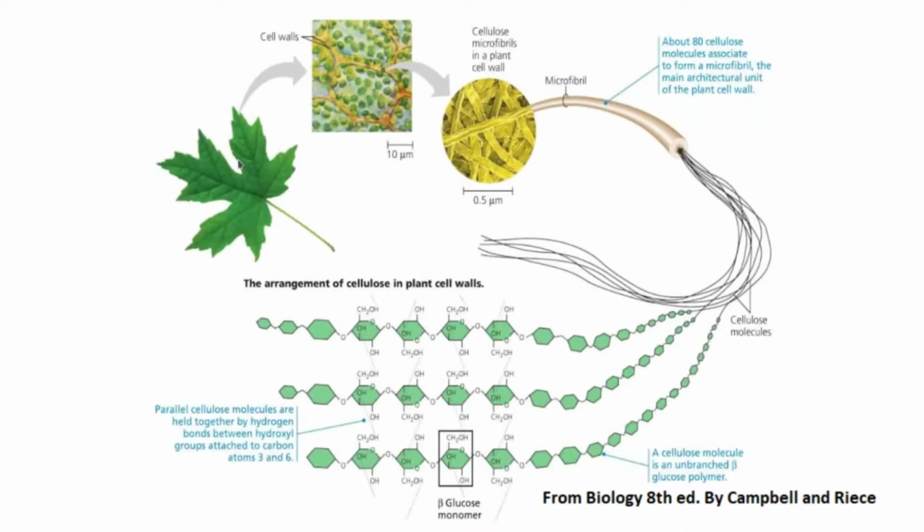The parallel cellulose molecules are held by hydrogen bonds between the hydroxyl groups, in polymers of unbranched beta-glucose monomers.